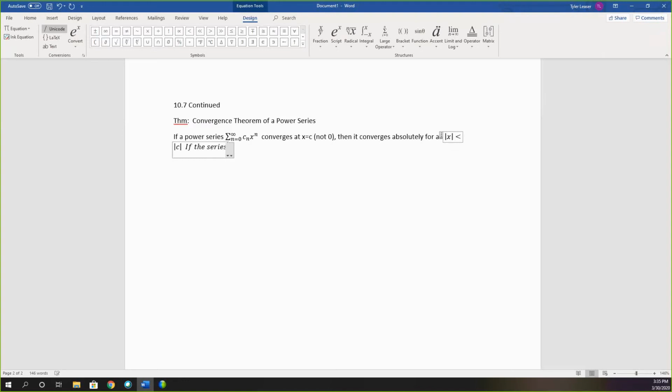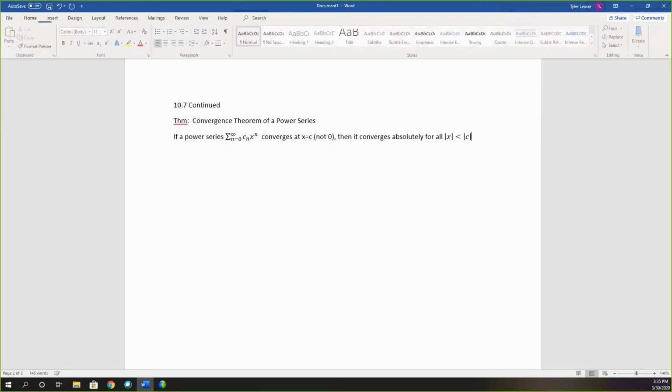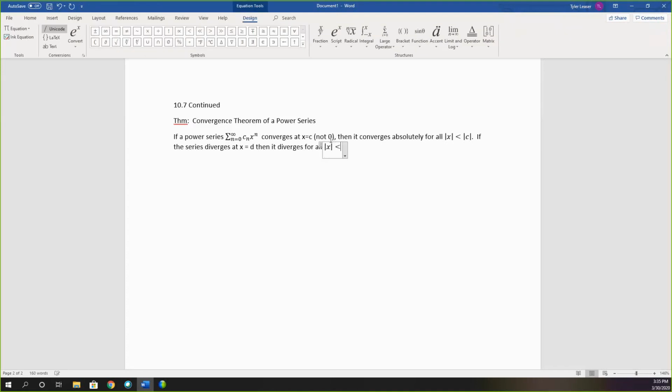If the series diverges at some point x equals d, so just some other value, then it diverges for all absolute value x greater than absolute value d.